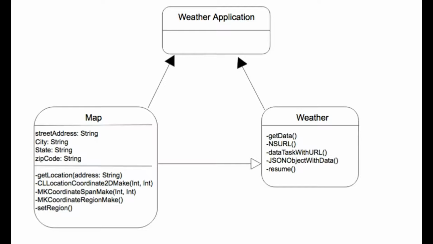Both the map and weather components will then relay their data back to the weather application on the detail view controller, and they will display both a map of the region you're looking for as well as the major weather components such as temperature, cloudiness, rain, and wind speed.